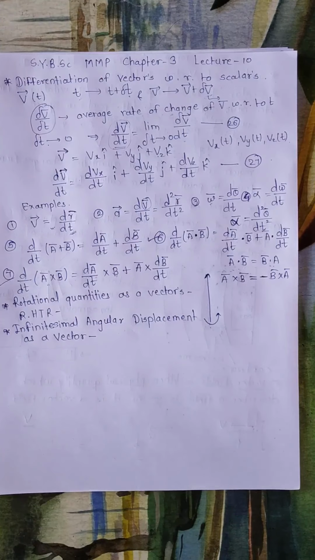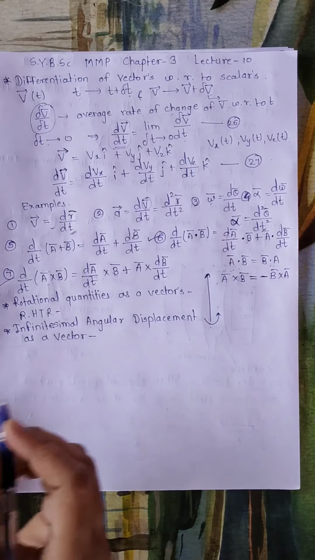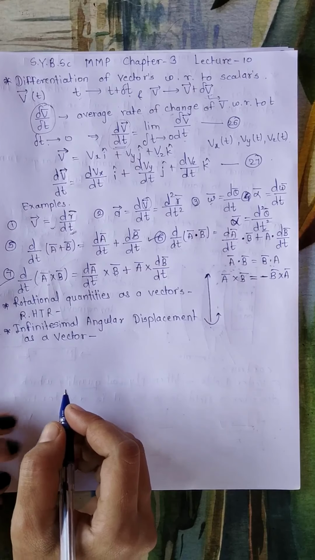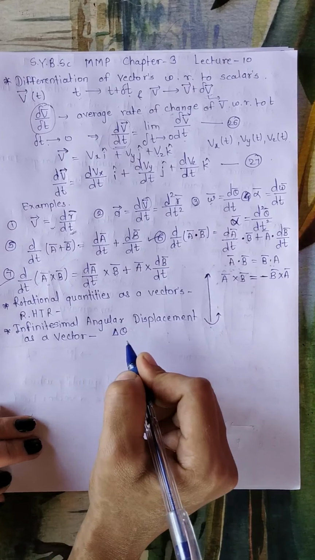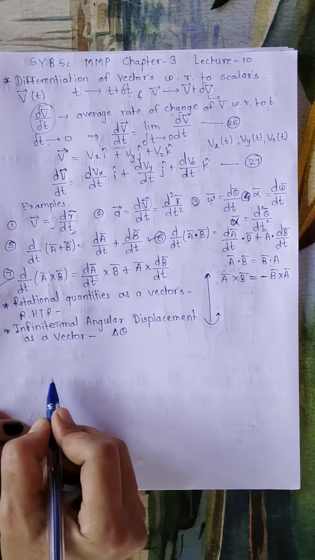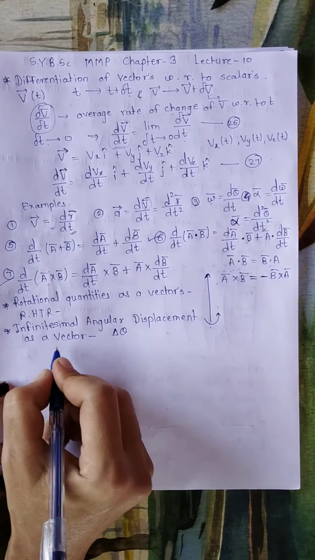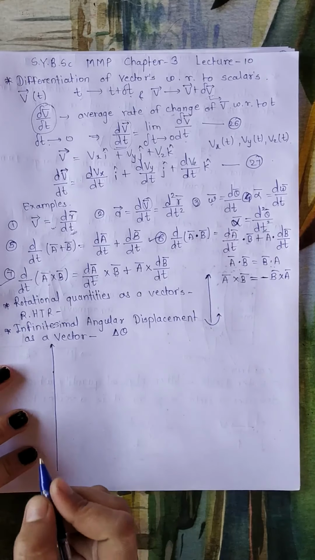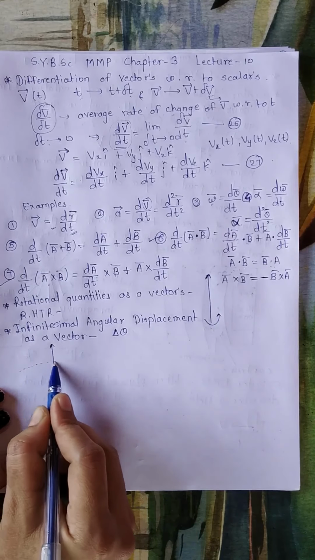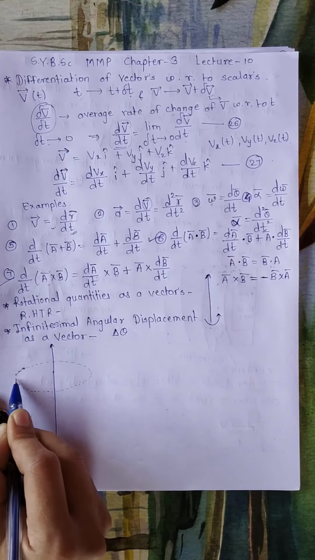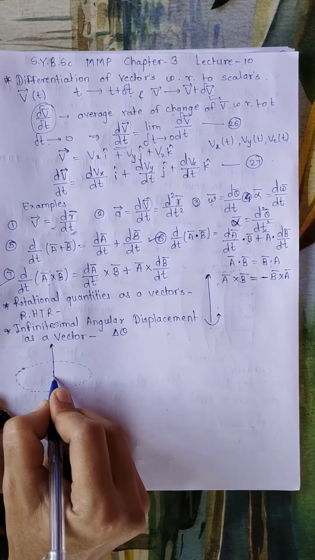To study this, we will consider a particle which has rotated through an infinitesimal angle, given by delta theta, from its initial position P to final position Q. Means if this is the axis of rotation which I am denoting by a vertical line with upper headed arrow, and let's say in this way your vector is rotating.